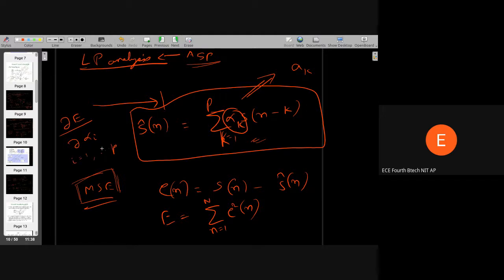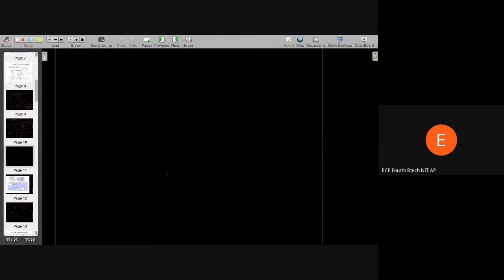From this, we get a set of linear equations, which comes out in the form of a matrix.